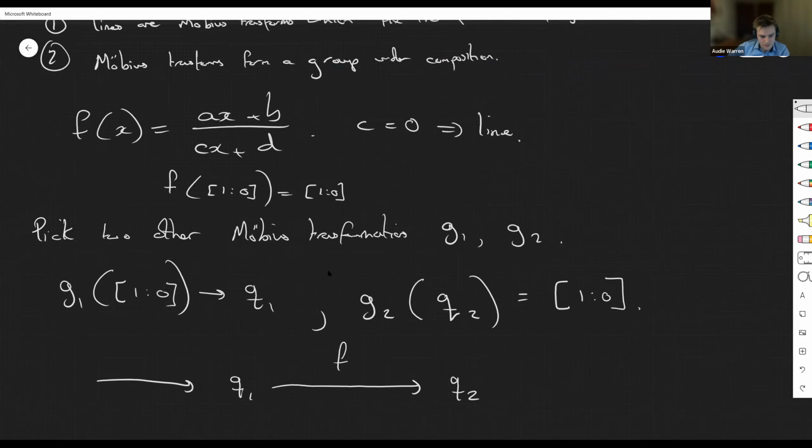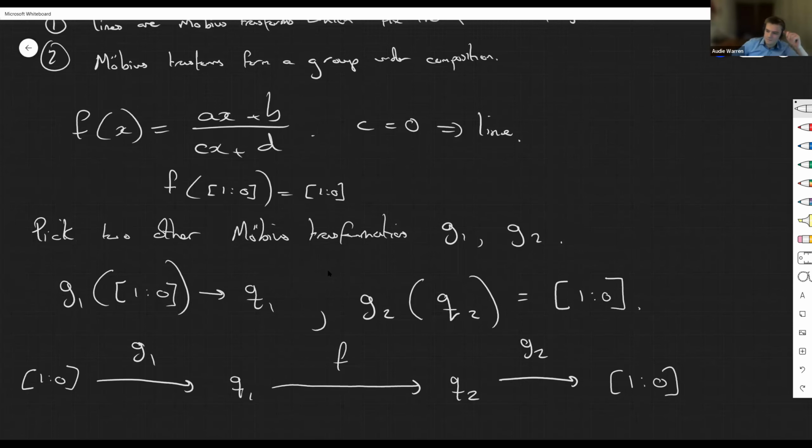Now, right at the beginning, before we even apply f, we apply G1. And on the right-hand side, we're going to apply something on the end again. This is going to be G2.